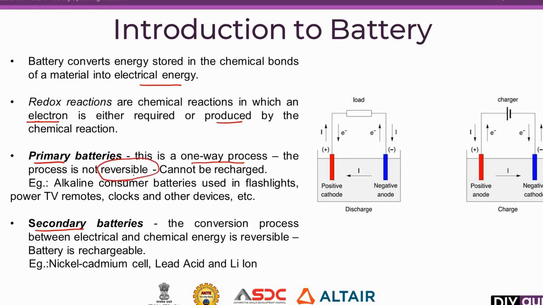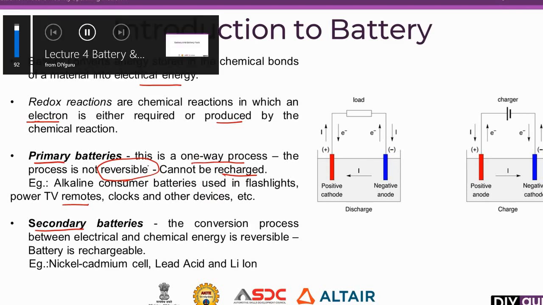You can discharge the battery, but it cannot be recharged again. It is not reusable. For example, the alkaline consumer batteries used in flashlights, TV remotes and clocks can be discharged, but cannot be recharged and used again. Those types of batteries come under primary batteries.